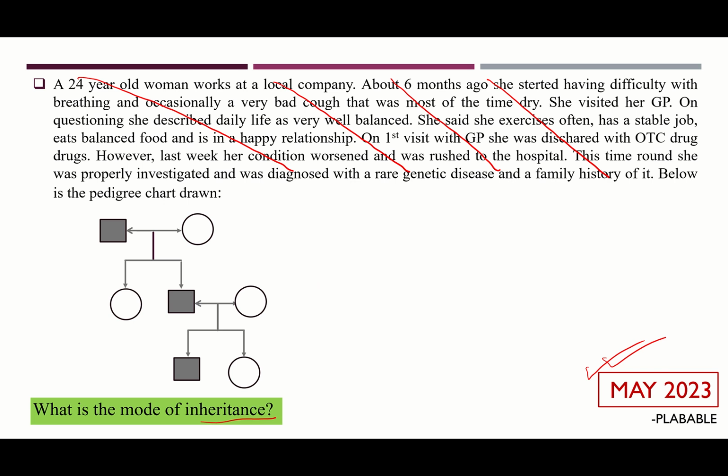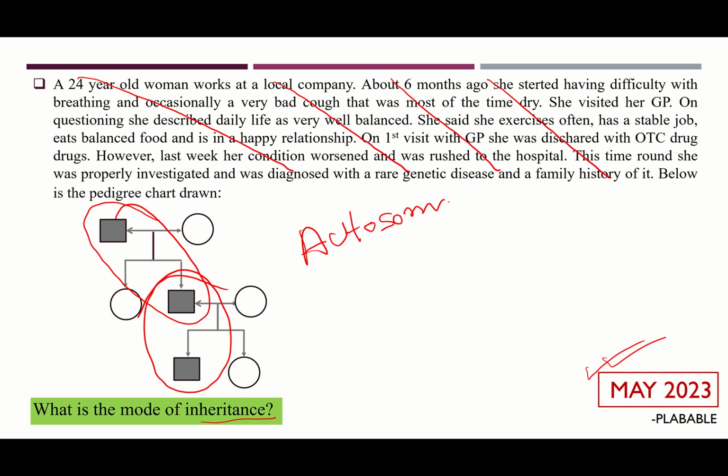Your first clue, is there a male to male transmission, even a single generation, like a single step? Yes, there is one, there is two actually. So your first clue is done. This is an autosomal condition. Now go to look for your second clue. Is there a generation skip at any point? No. This guy transmitted the disease here and this guy transmitted to his boy.